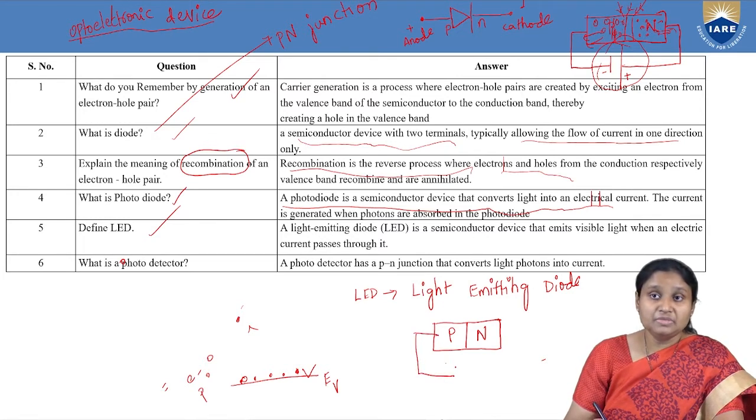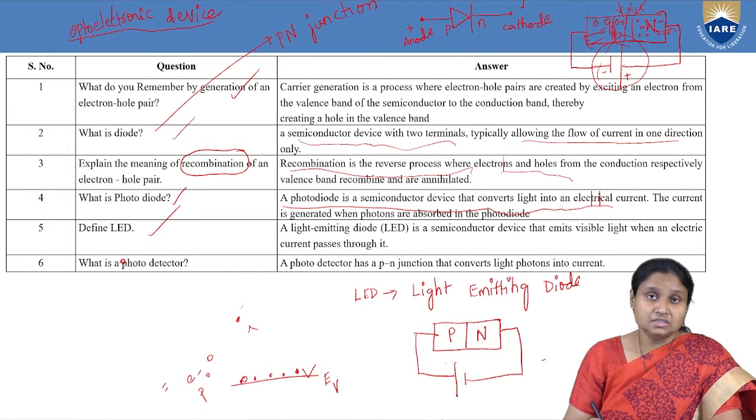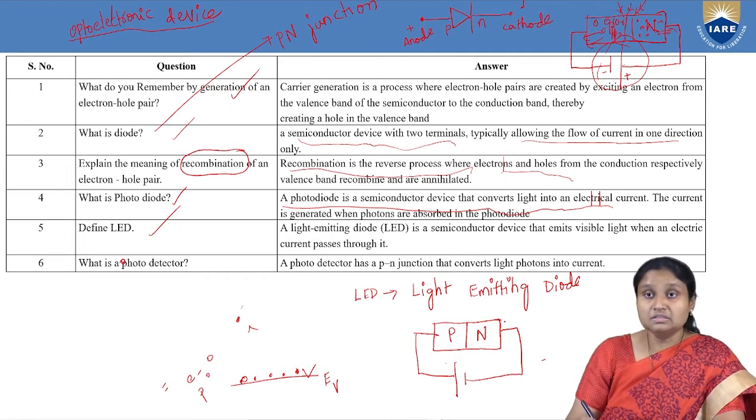Forward biasing means the P type of the PN junction is connected to the positive terminal of the battery, and the N type is connected to the negative terminal of the battery. And this PN junction is not made with general silicon or germanium semiconductors, but with some special type of semiconductors which are called direct band gap semiconductors.